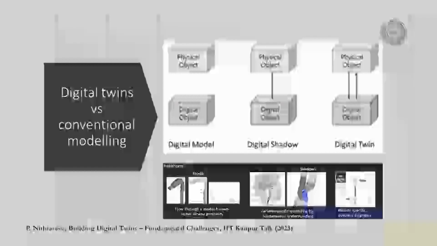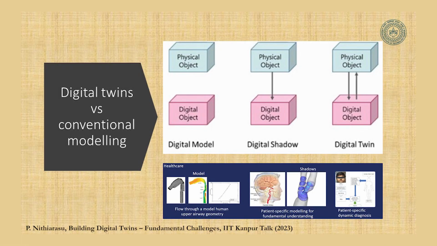So, in the digital twin, you take this patient's face, you analyze this face, and based on that you do some principal components analysis and you come to some conclusions by doing this statistical analysis, but also you have the model of his whole body available on the computer and you analyze that. So, you add the two together and you do your dynamic diagnosis in real time. That is the two-way flow. You are taking from the physical object and you are taking from the digital object and then you are doing your diagnosis.